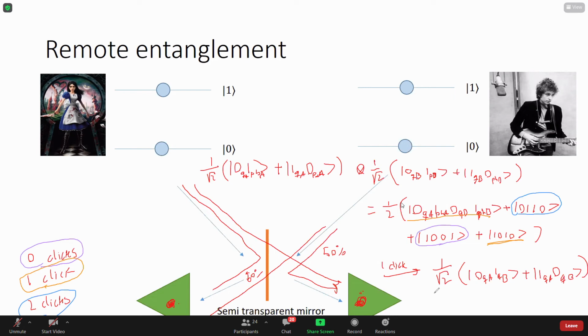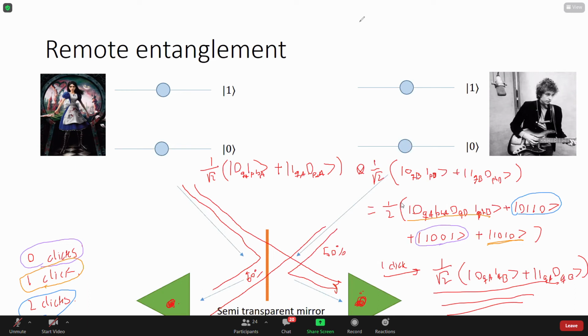Which is a Bell state, which is the one we care about, right? So what we saw here is that by starting with a qubit that can emit a photon, having those 2 photons coming from either Alice or Bob meet at a semi-transparent mirror, and getting precisely 1 click, not 2 clicks, not 0 clicks, but 1 click, that actually generates entanglement between Alice and Bob, which is pretty cool.